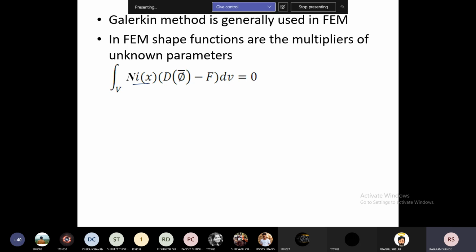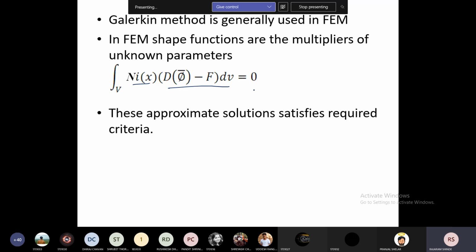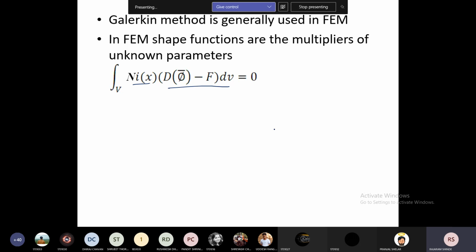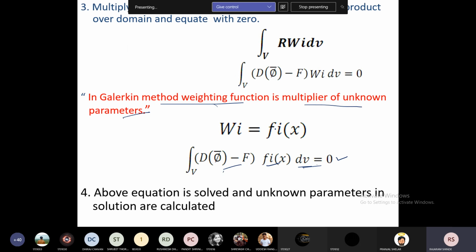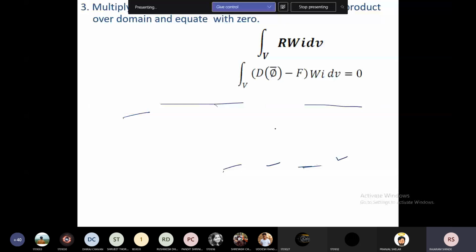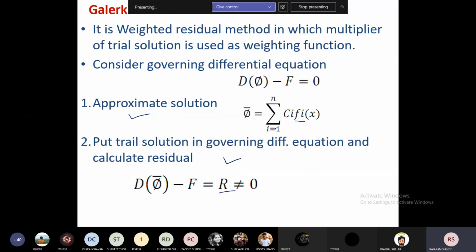Therefore, that product becomes Ni into the differential equation in phi minus f, integrated over dV, equal to 0. This approximate solution satisfies the required criteria. One more thing I have missed: your approximate solution should satisfy the boundary conditions. You have to remember these four steps. First, assume the trial solution.